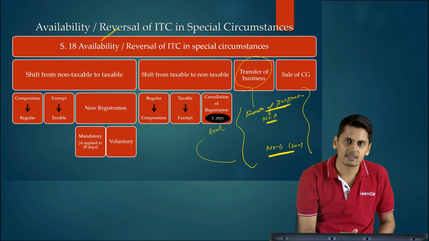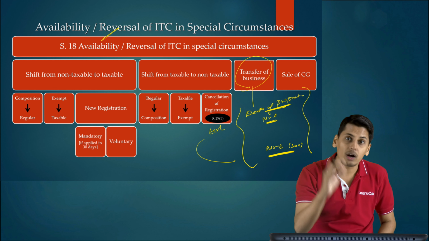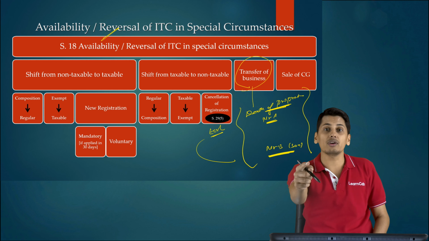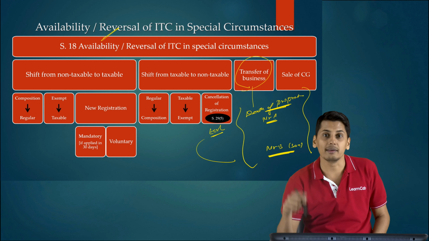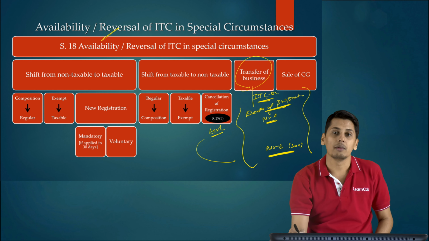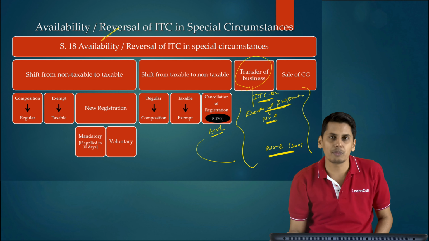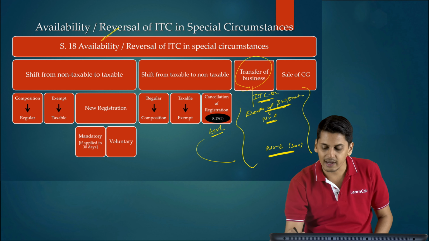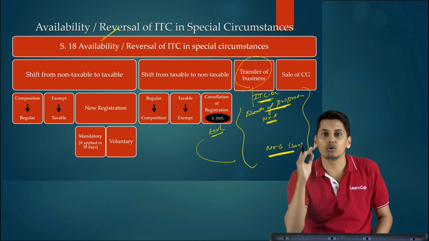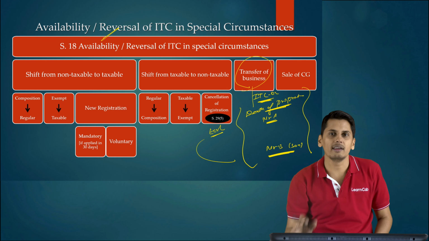If the answer is yes, that means if you can call this a transfer of business, then how do you transfer the balance from the electronic credit ledger of the old entity to the new entity? Because the old entity should file form ITC 02, but now the proprietor has already expired. Who is going to file ITC 02 for the credit to be transferred from the old entity to the new entity?